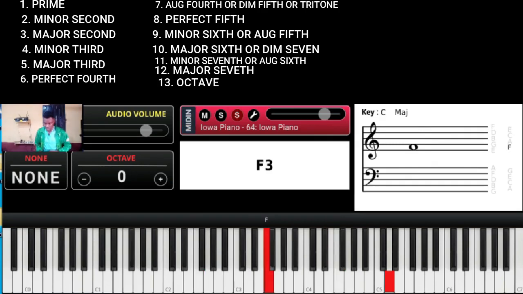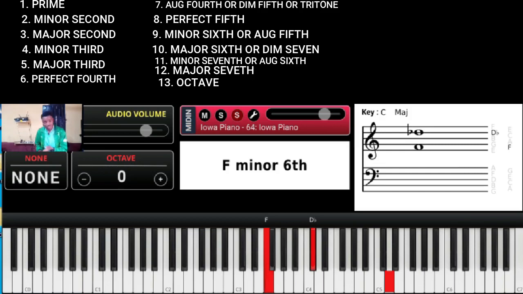Alright, so take it one more time. The prime, the minor second, the major second, the minor third, the major third, the perfect fourth, the augmented fourth or the diminished fifth, or it can also be called the F tritone, the perfect fifth.